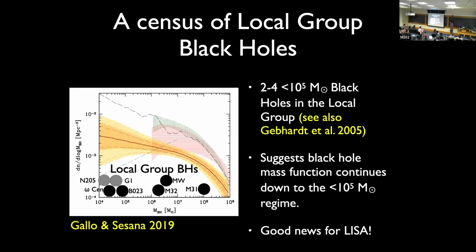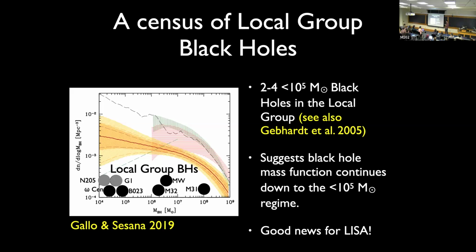And if we think about just our local group as a census of what black holes might be like, I put down little dots here for these black hole detections, Omega Cen down here, and then there's some gray dots of things that are, I would say, less confident detections. And there's something like 2 to 4 black holes of less than 10^5 solar masses in the local group.